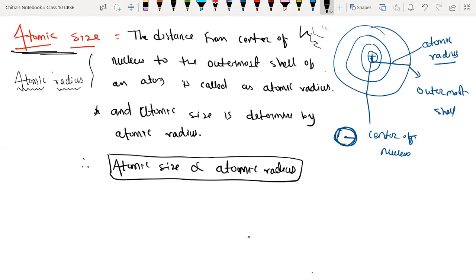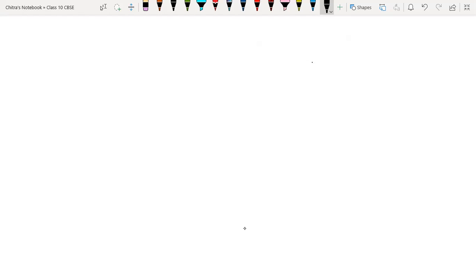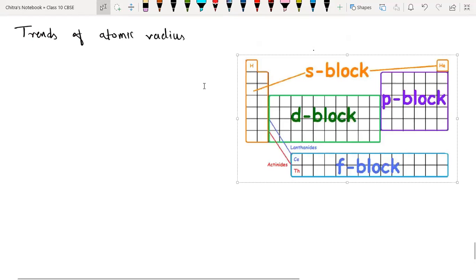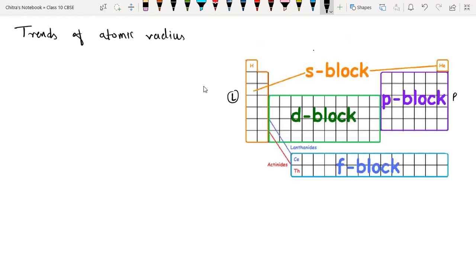Okay, so now we will understand the trends of atomic radius. Very important. Just concentrate. Really very important. Wait a second, let me drop an image here. See here, this is the left side, this is the right side.